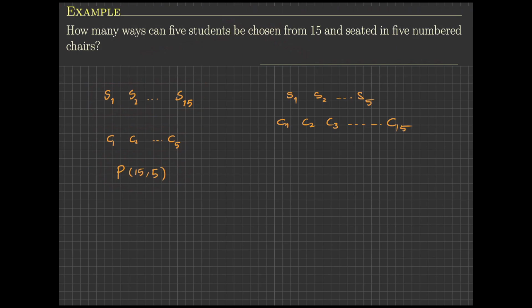For example, I can send students 1 to 5 to chairs 1 to 5, or to chairs 10 to 15. But I can also send student 5 to chair 1, student 2 to chair 9, and so on. In how many ways can I arrange it?